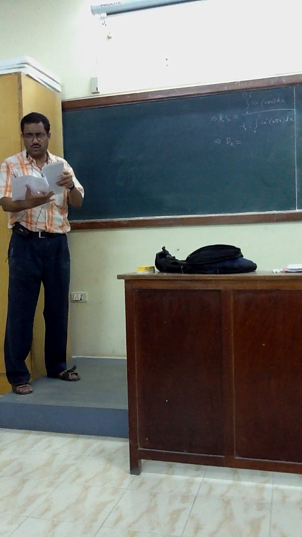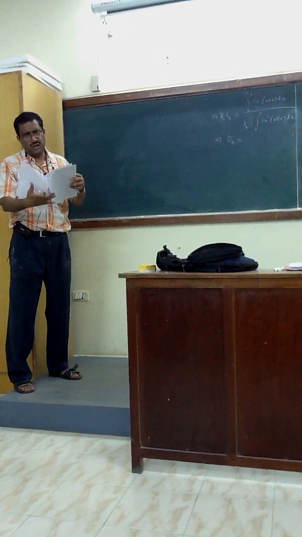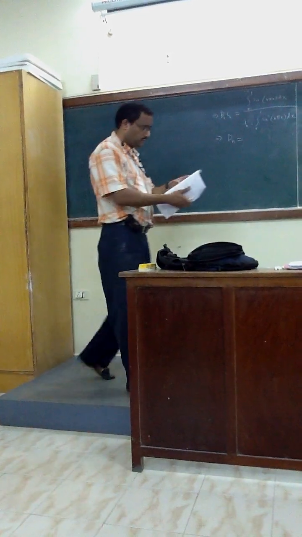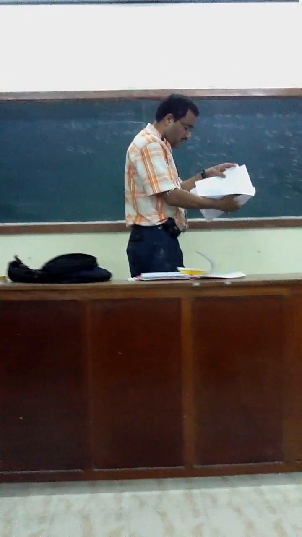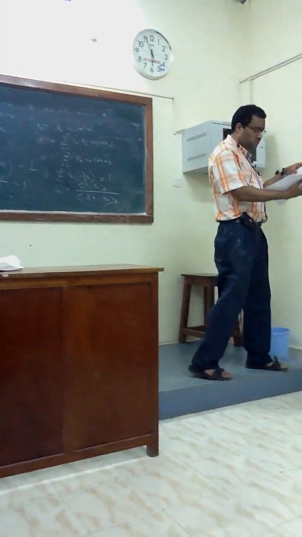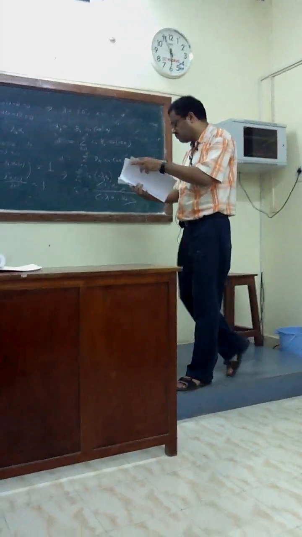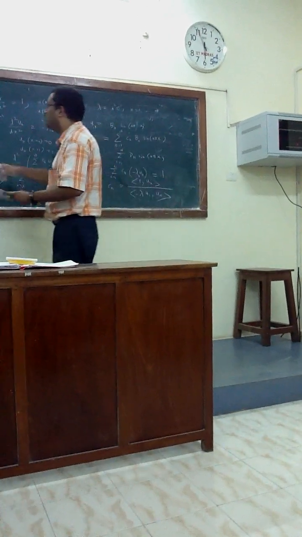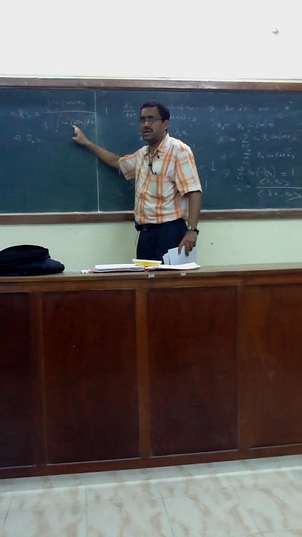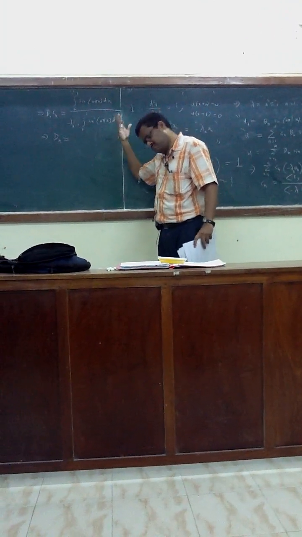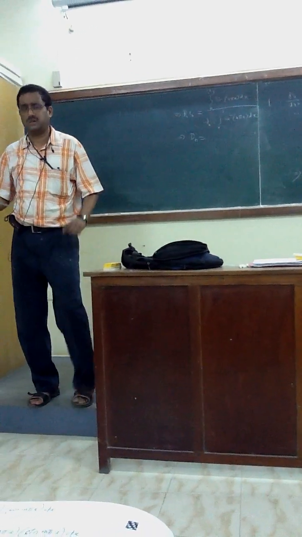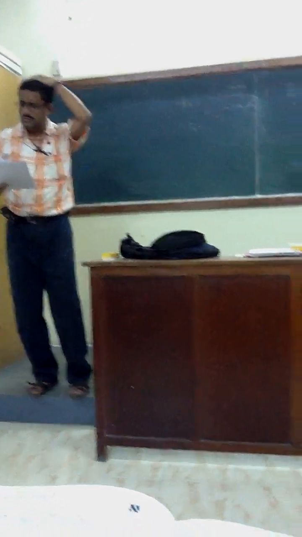Lambda n is n square pi square, so you can substitute there. Sin square n pi x, how to do integration? 1 by 2, right? 2 sin square theta is 1 minus cos 2 theta. Then give me the answer, you know everything. You give me the answer.